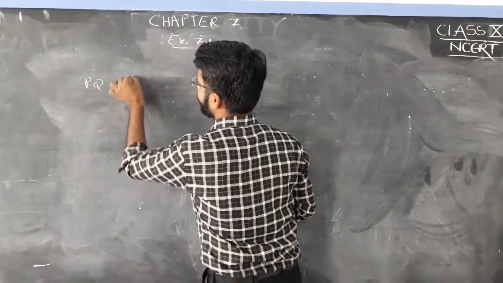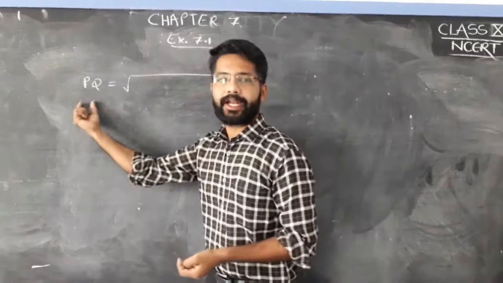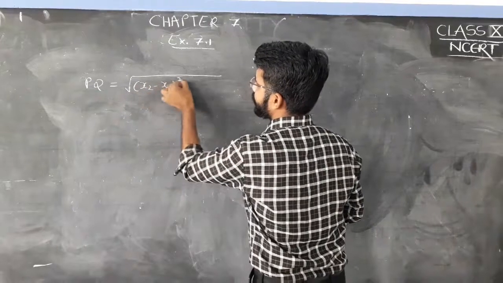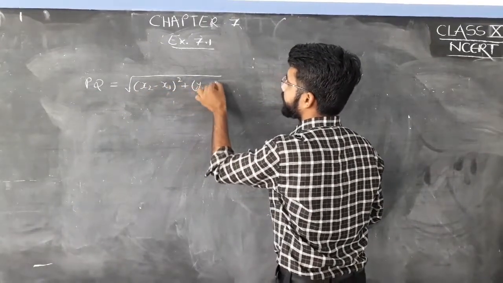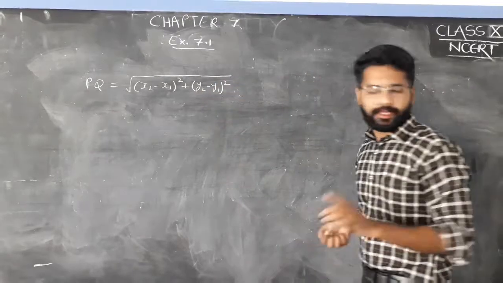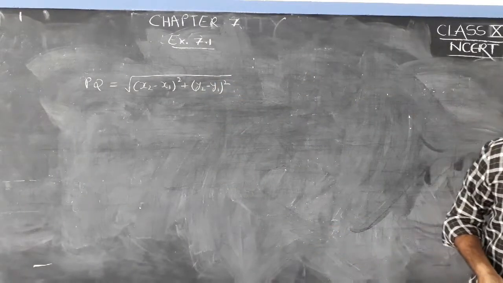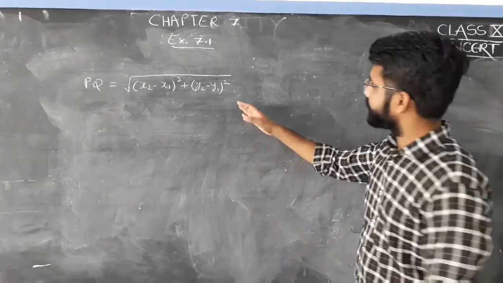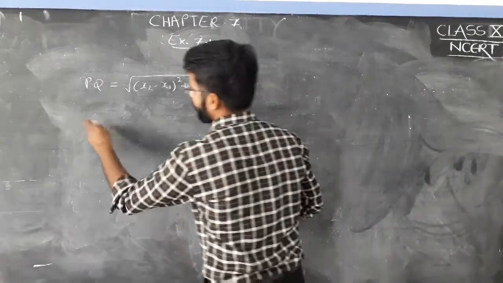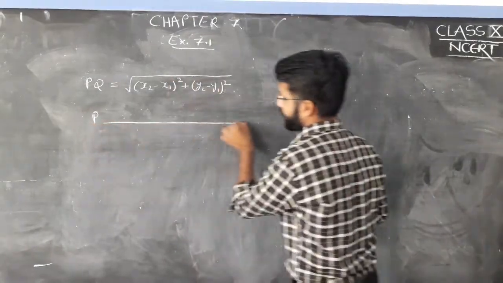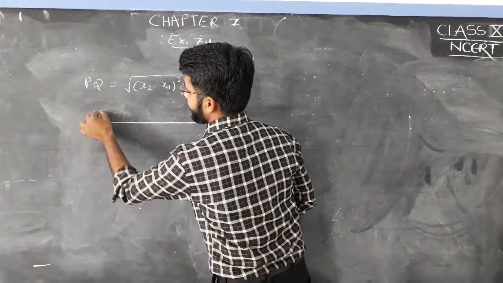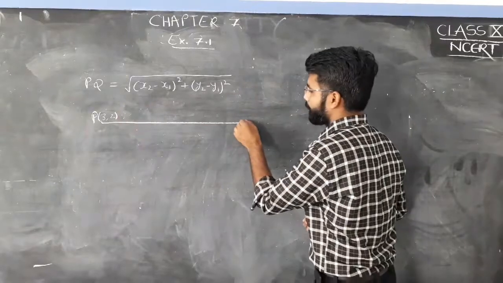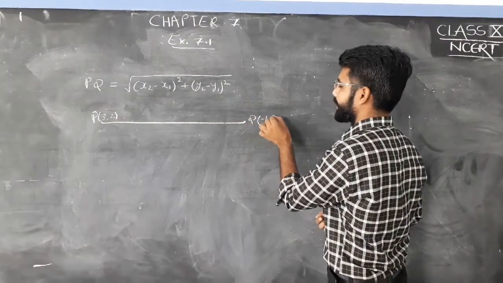PQ, the distance between points P and Q, is equal to the square root of (x2 minus x1) square plus (y2 minus y1) square. Suppose you have 2 points, P with coordinates 3 and 2, and one more point Q with coordinates minus 1 and 3.